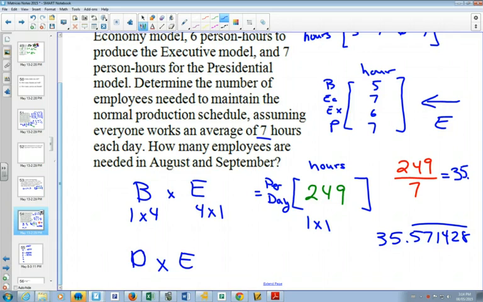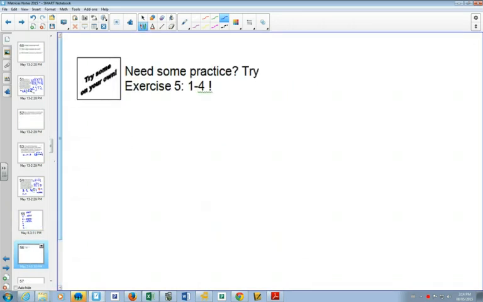Because if that's the number of hours you needed total for regular and you increased by 40%, you're going to have to increase your hours by 40% as well, and then increase your employees by 40% as well. Awesome. So what we're going to do is take the rest of class to work on some matrix multiplication ones.